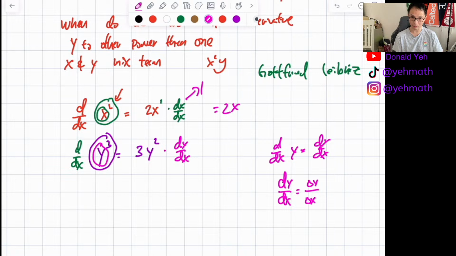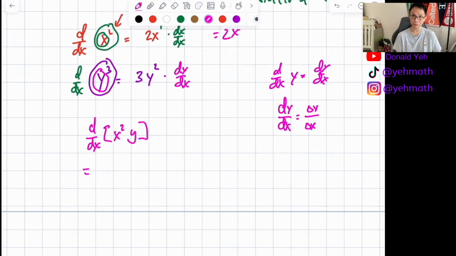Okay, so now we're going to get to a little bit harder one. Now we're going to take a derivative of something that says x squared y. What kind of rule will I be using if I take a derivative of this? Power rule? I mean, a product rule?